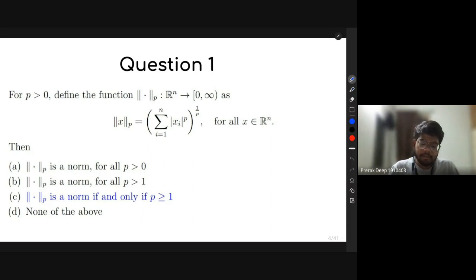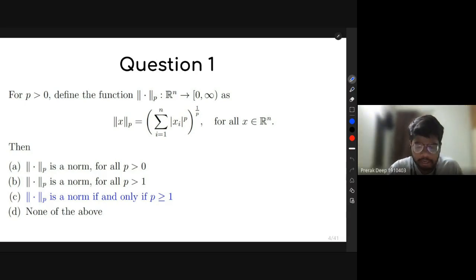Now it is asked which of the statements is true. Is it the first one, where this function defines a norm for all p greater than 0? Or this function defines a norm if p is greater than 1? Or this defines a norm if and only if p is greater than or equal to 1? Or none of the above?